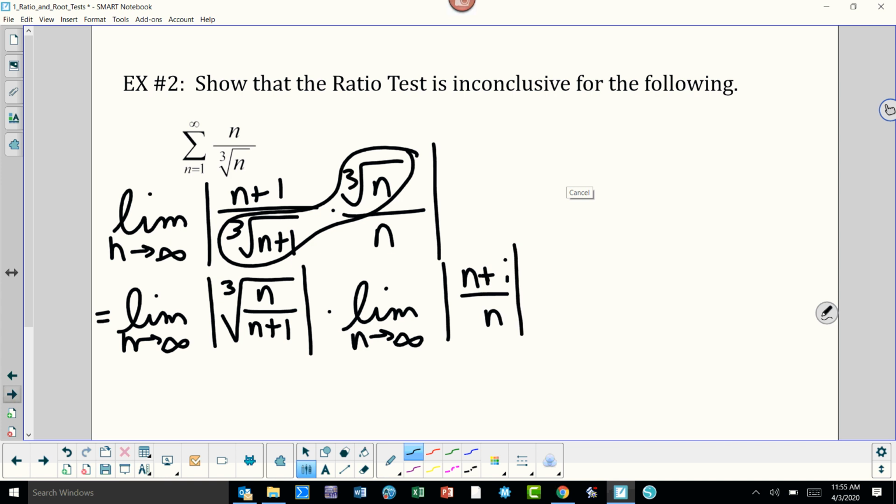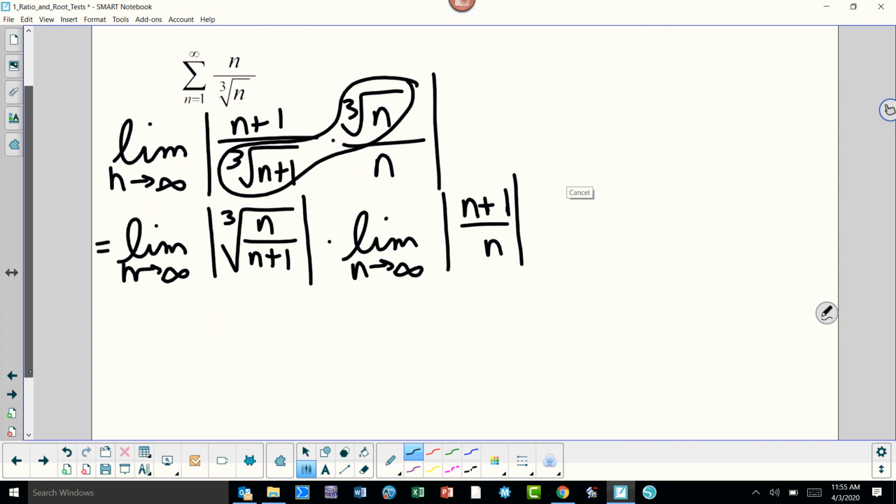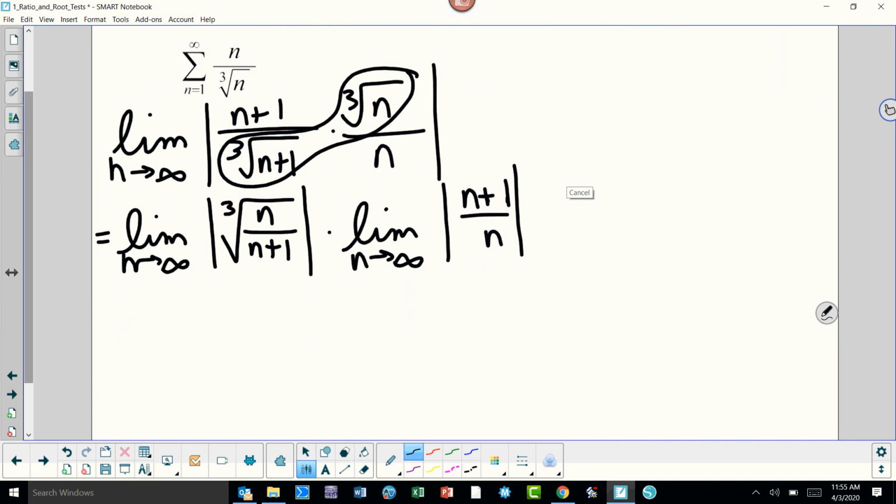Now, you don't have to physically write this. You could just consider them both separate, okay? But if I do both of these, remembering how we do our limits, this is third root of 1, and this is a 1, because I'm going to infinity, so this limit actually equals 1, okay?